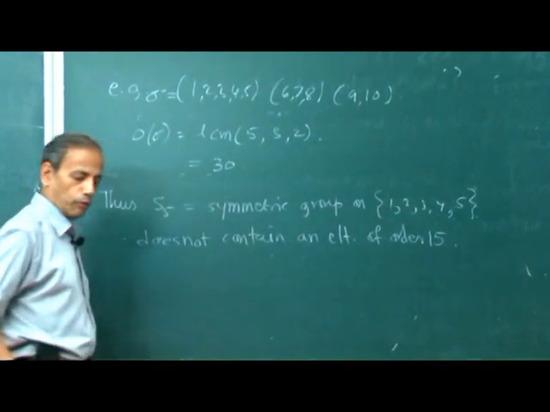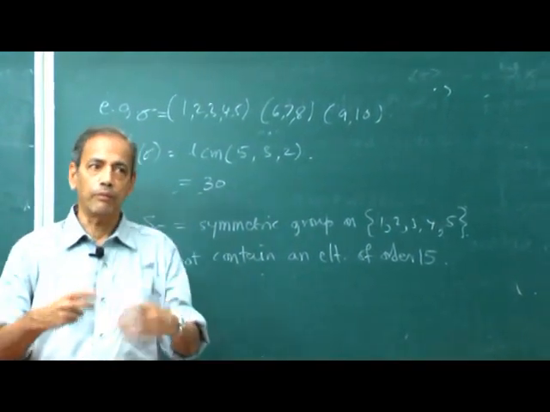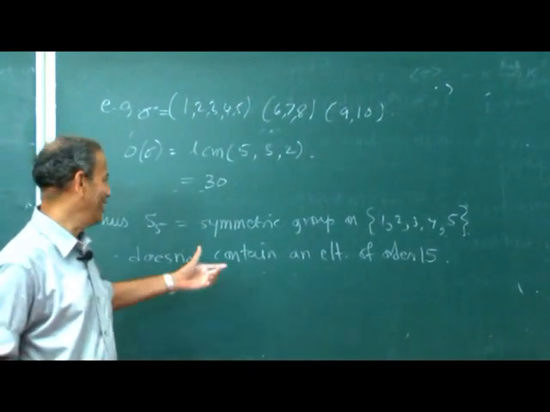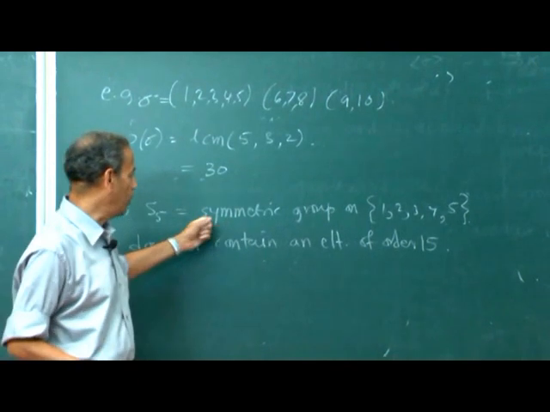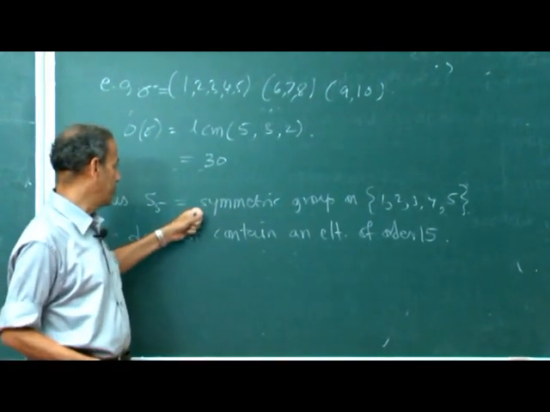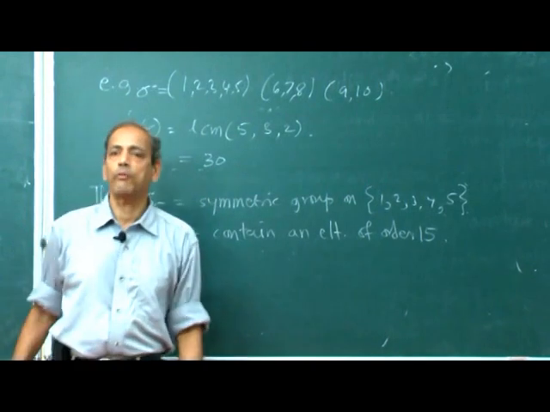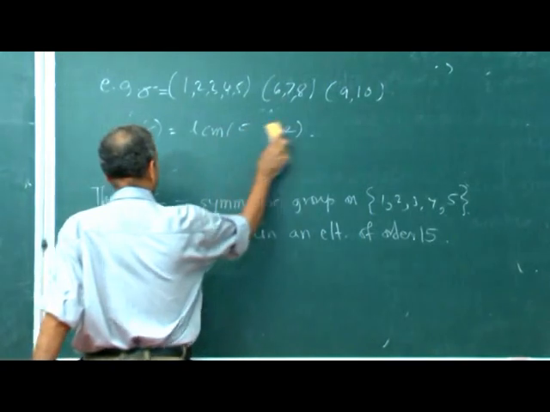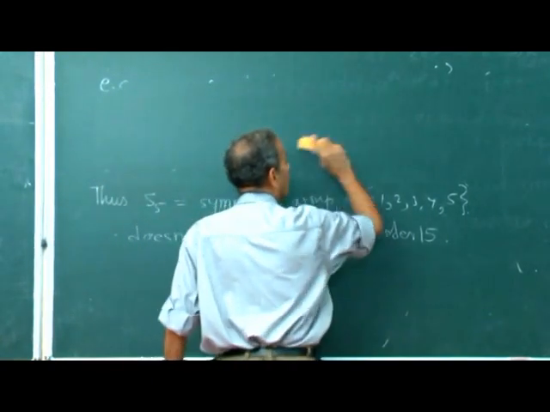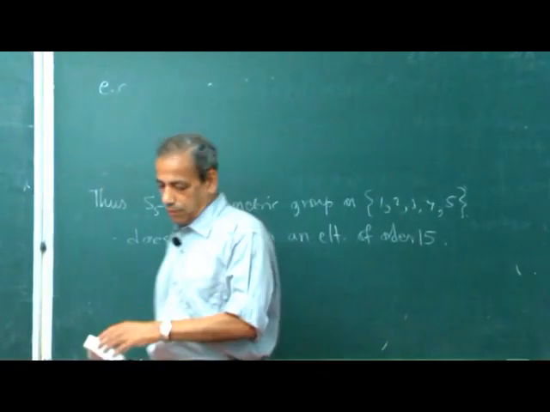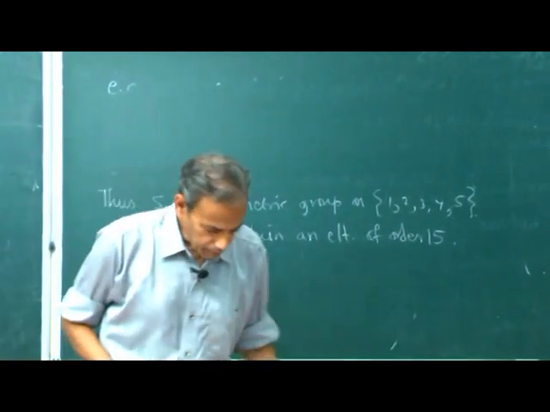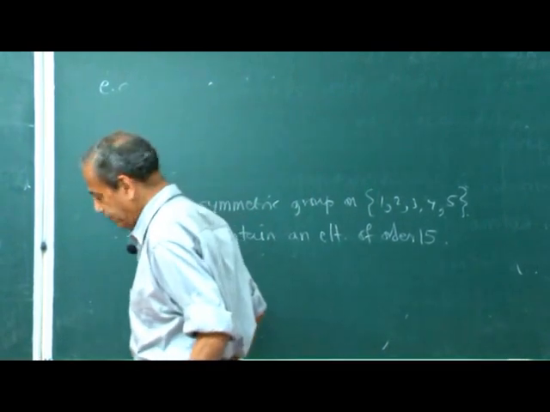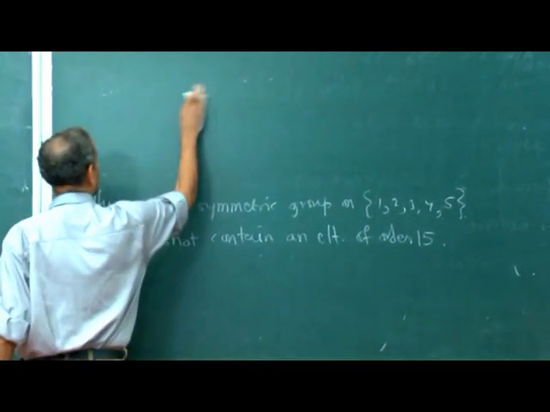Now we have seen how to calculate the order of an element in a permutation group Sn. Permutation group Sn means symmetric group. Sn is called a symmetric group on n letters. Now, another property which I want to emphasize is this.